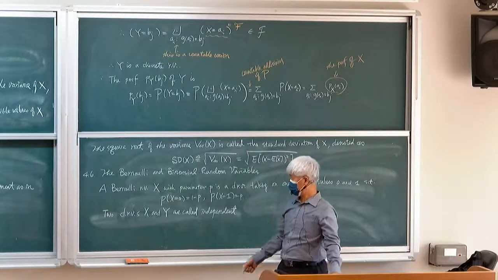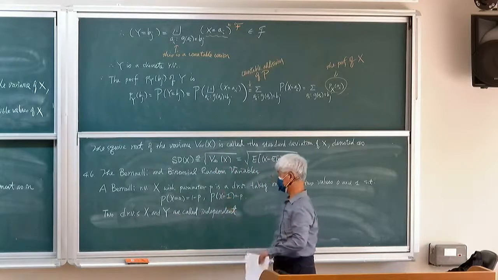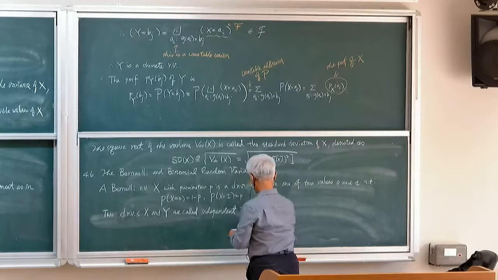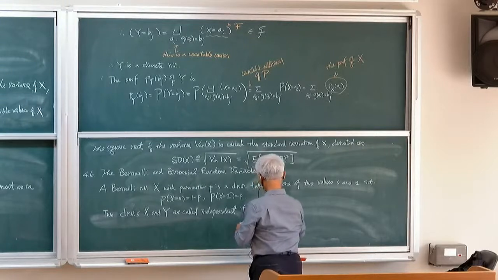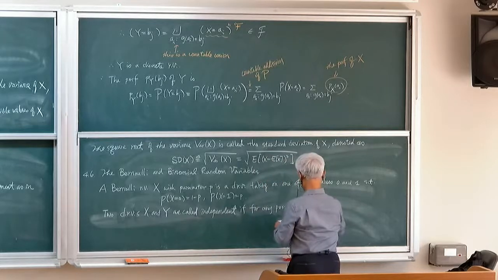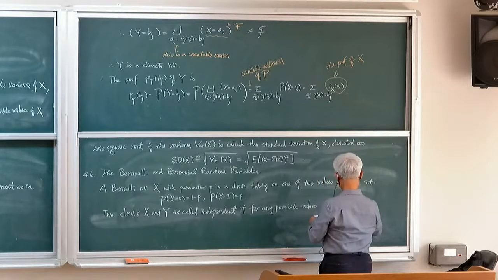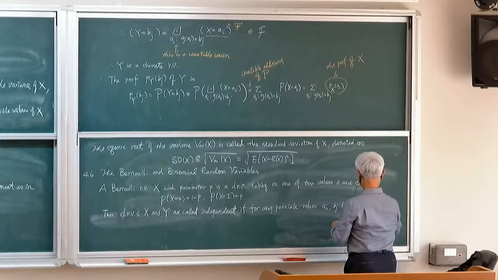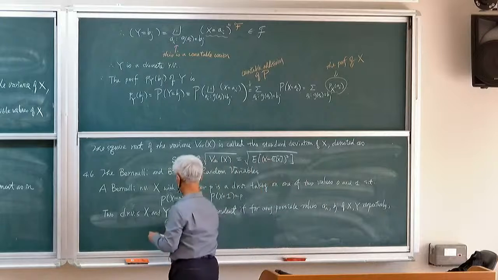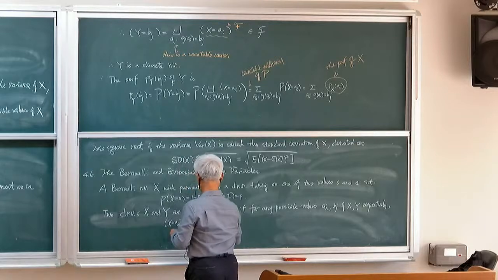But anyway, it's just two arbitrary discrete random variables, and we call them independent if for any possible values ai, bj of x, y respectively, the basic event x equal to ai and the basic event y equal to bj are independent events.